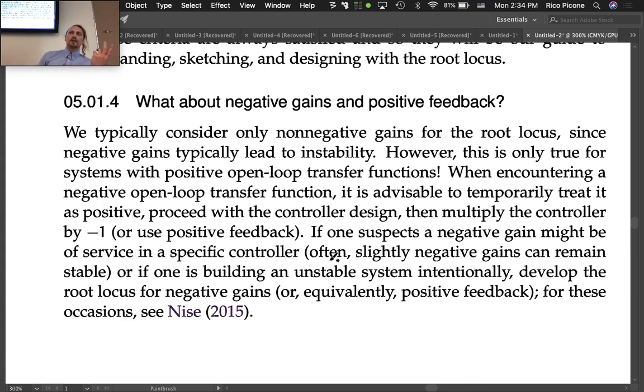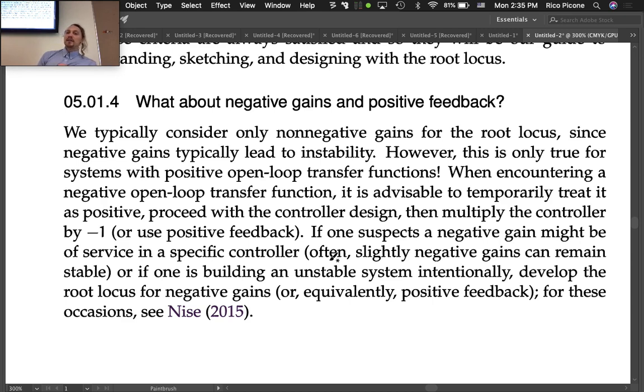If your open loop transfer function is negative, for whatever reason, then when encountering it, it is advisable to temporarily treat it as positive, proceed with the controller design, then multiply the controller by -1, or use positive feedback. Either one of those will result in a reasonable controller design. So that's the method of mitigating that situation.